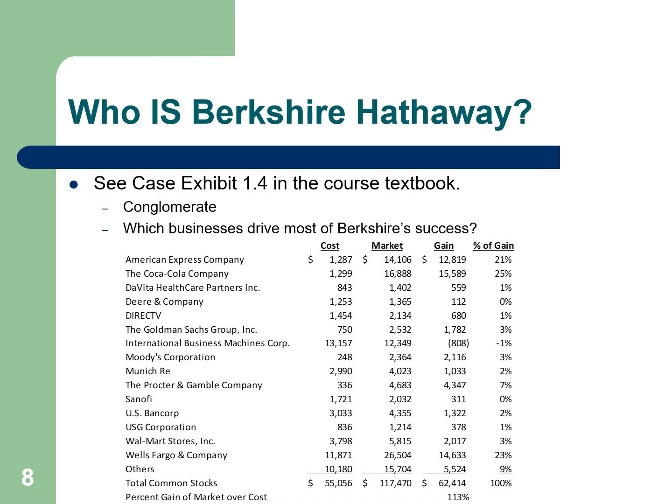This slide illustrates significant holdings in major companies such as American Express, Coca-Cola, and Wells Fargo, among others. One notable aspect of Berkshire Hathaway's investment strategy is the significant gains realized from these holdings.